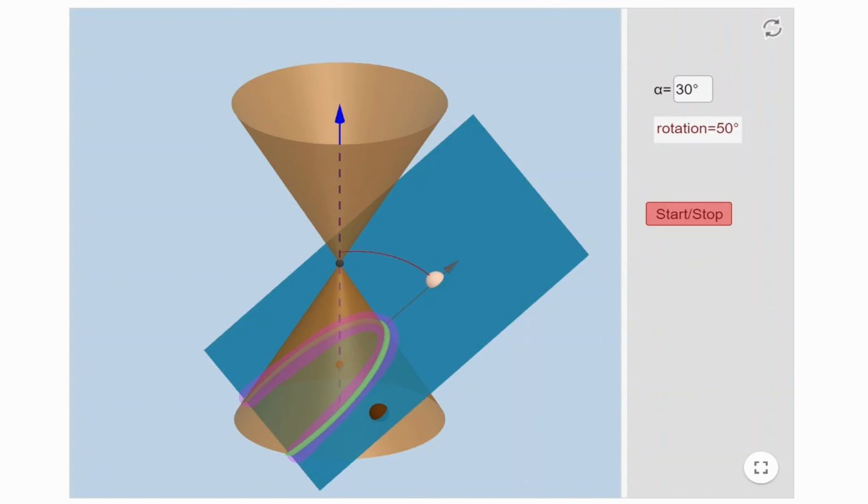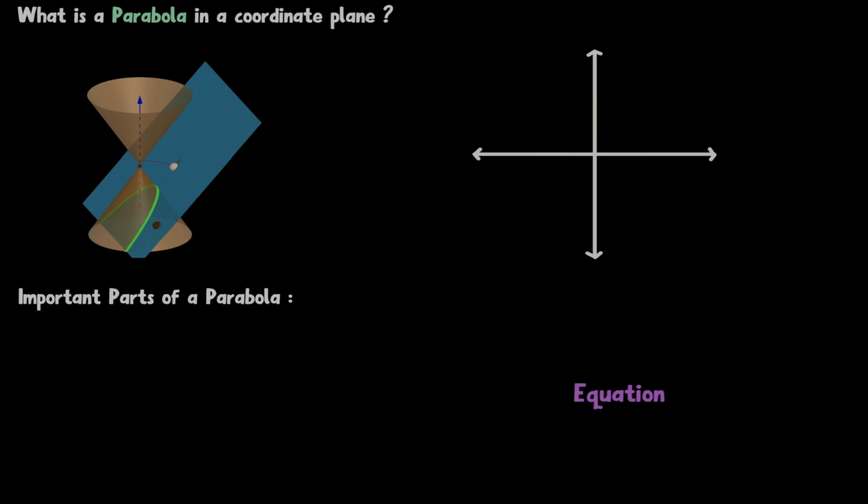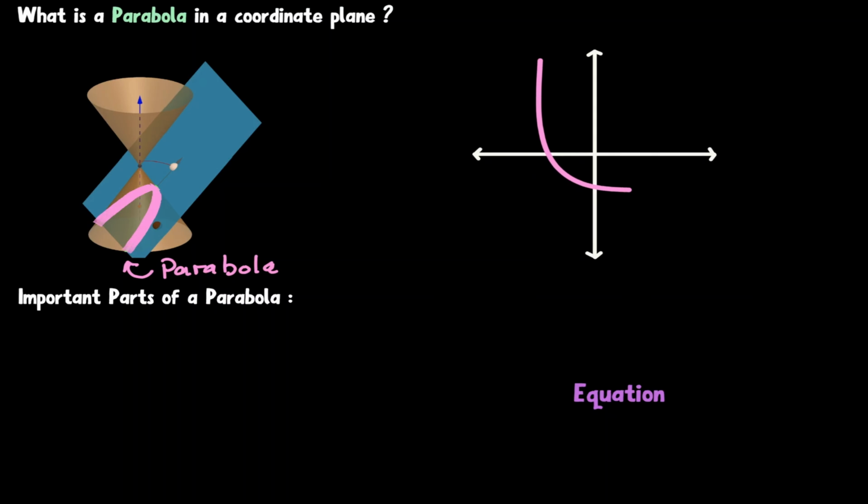So let's look at this from the coordinate plane. As we have shown before, this intersection between the cone and the plane is what we're going to be discussing, which is a parabola. Let's consider a parabola that is opening upwards.